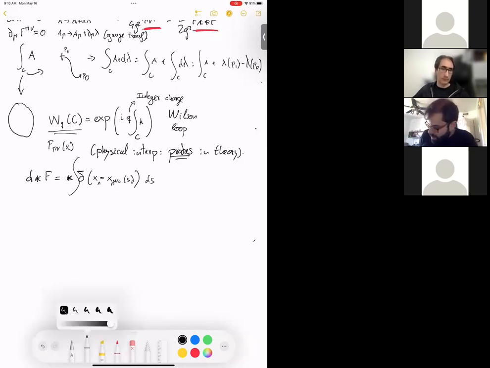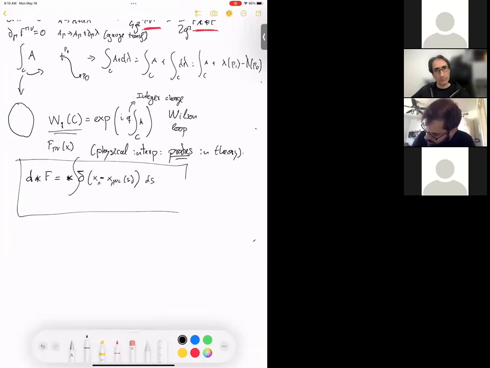Okay, so this thing is precisely the equation of motion that we have here.